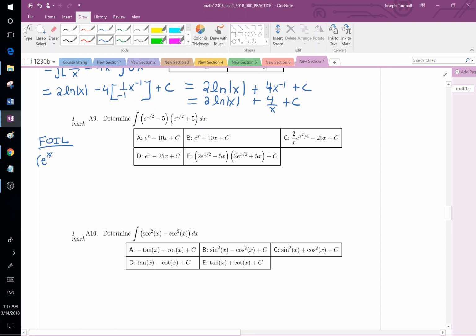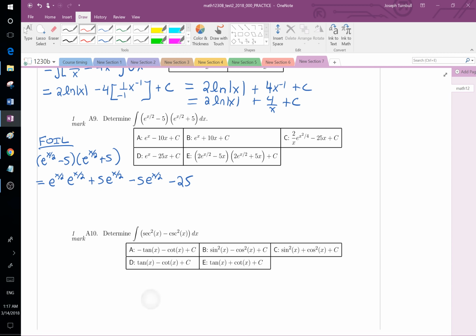e to the x over 2 minus 5 multiplied by e to the x over 2 plus 5. So first times first, e to the x over 2 times e to the x over 2, and then outside two terms plus 5 e to the x over 2, and then the inside two terms minus 5 e to the x over 2, and then the last two terms minus 5 times positive 5, negative 25.